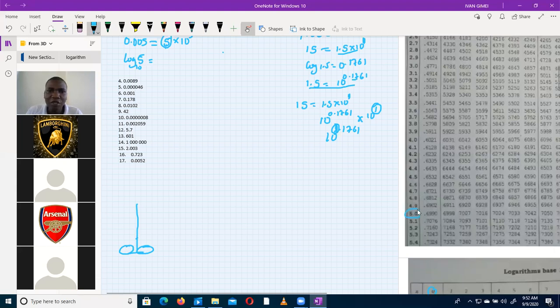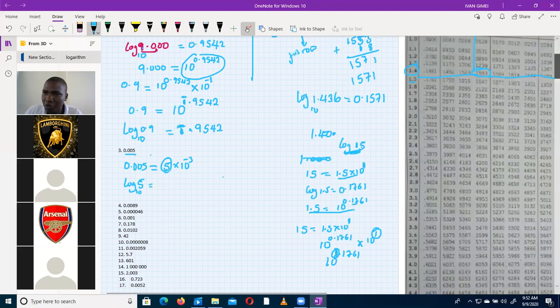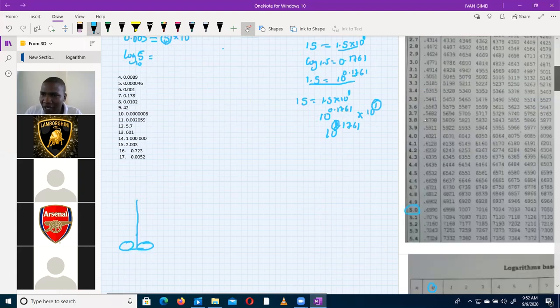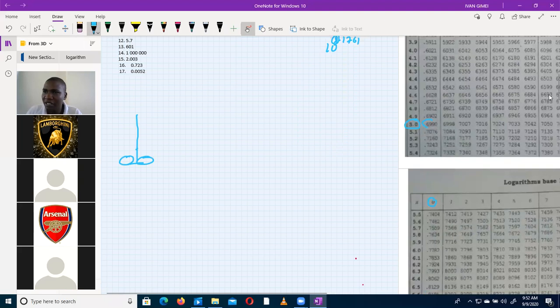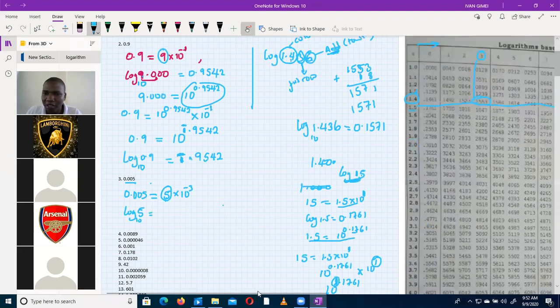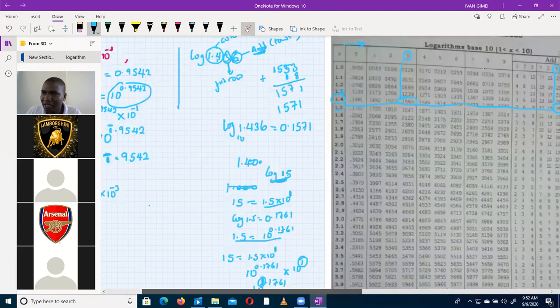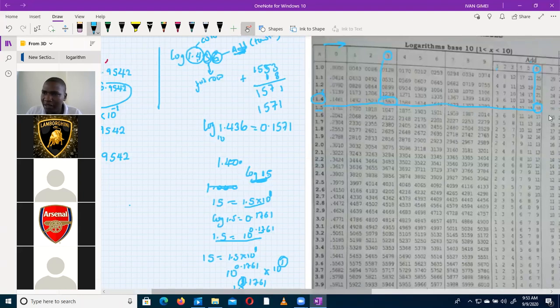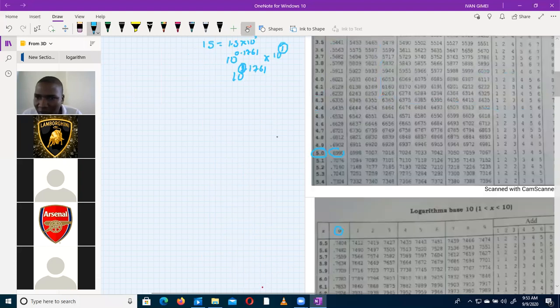Now the next digit will be 0 also, so in the second column this is also 0. I move downwards until they coincide. The other one is 0, so I go to the section of add. When you go to the section of adding, there is no 0, adding starts from 1, so there's nothing to add. I just take the logarithm, which is 0.6990. The logarithm of 5 is 0.6990.